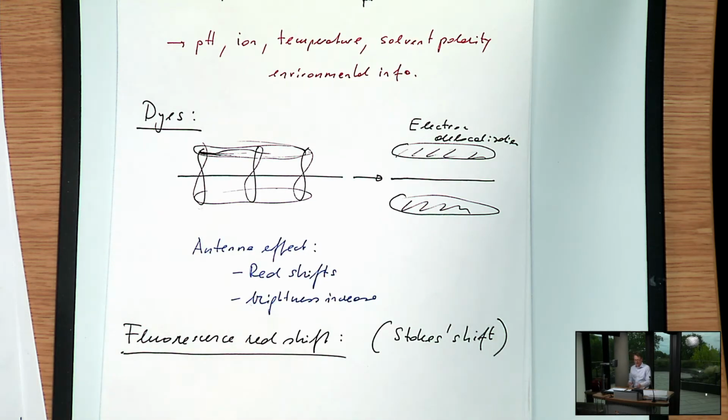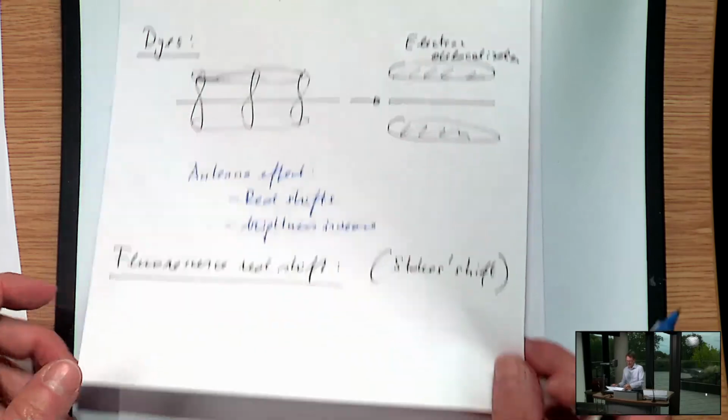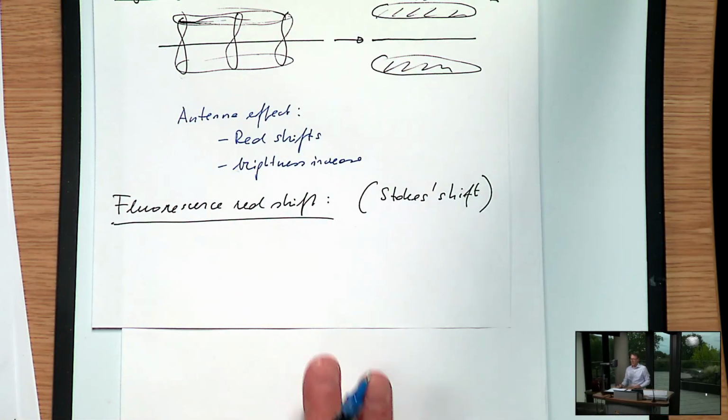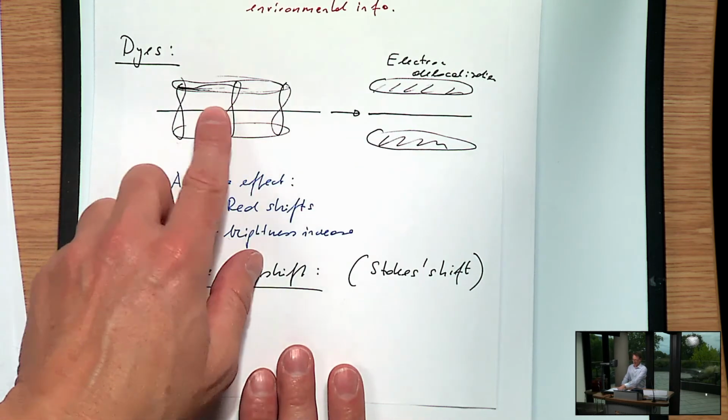I have mentioned that the two-level system is a great simplification, of course, of the real molecules. A large molecule, you've just seen these multiply conjugated things.